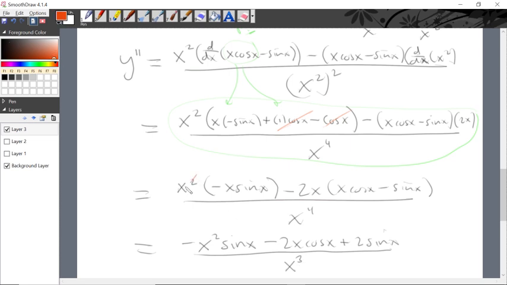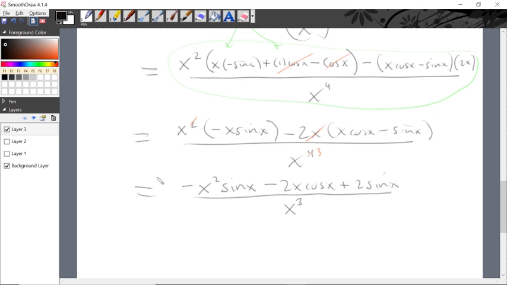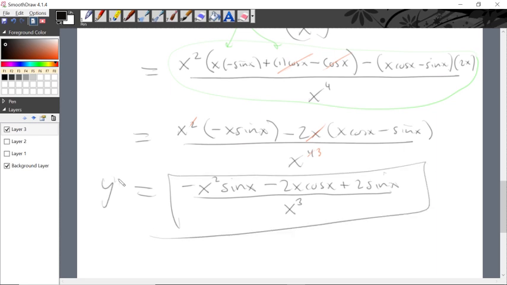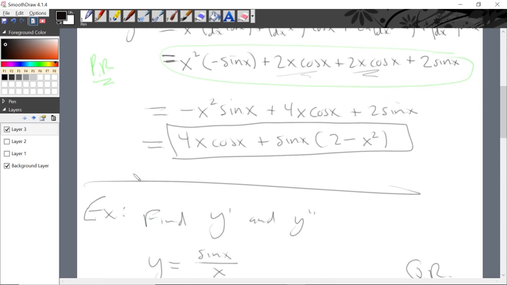Right, so I've canceled one of these, I've canceled this, and I've canceled this. Okay, I turn it into a 3. All right, so that would be a simplification we would have then for the second derivative of the original function.